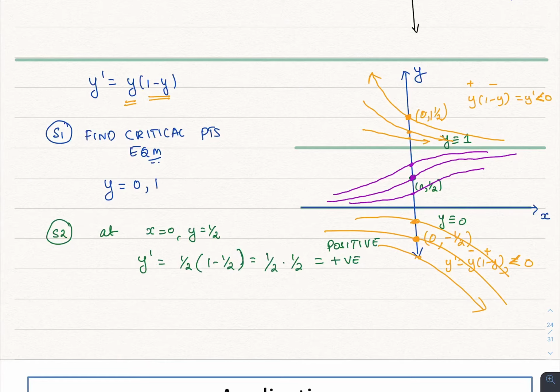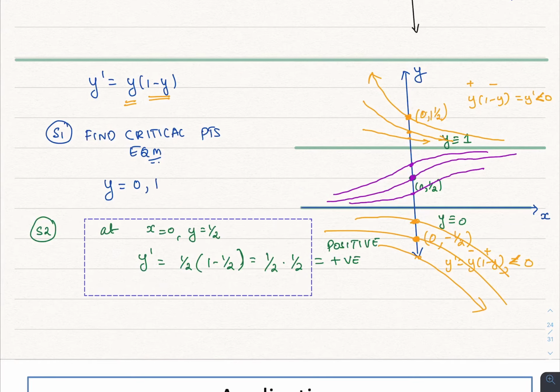Now I can actually analyze this one and say how the solutions are going to behave. Hold on. Let me just move these things up a bit.